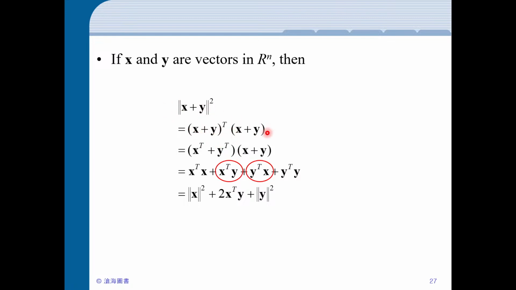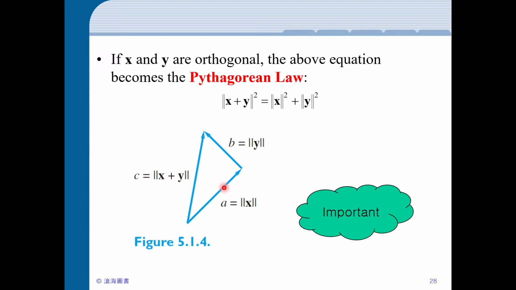So that's (x plus y) transpose times (x plus y), so x transpose plus y transpose times x plus y. So x transpose x, x transpose y, y transpose x, and y transpose y. That's the norm squared of x, the norm squared of y, and those two cross terms are the same. Although we didn't state this explicitly, x inner product with y equals y inner product with x. So that's twice x inner product with y.